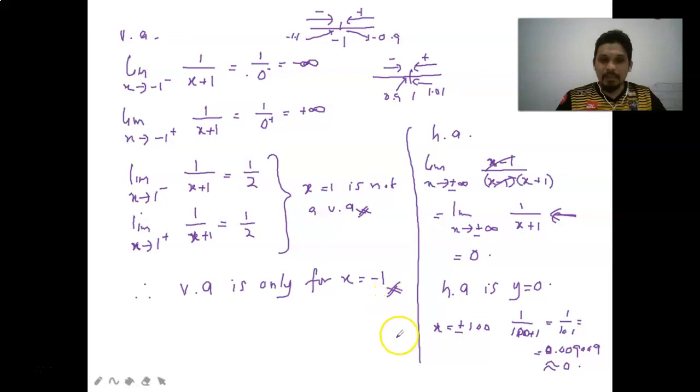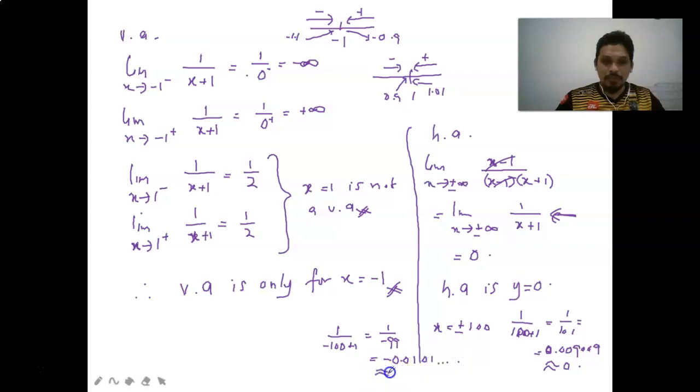And also let's say x equals negative 100, so 1 over negative 100 plus 1 equals 1 divided by negative 99, which equals negative 0.0101 and so on.